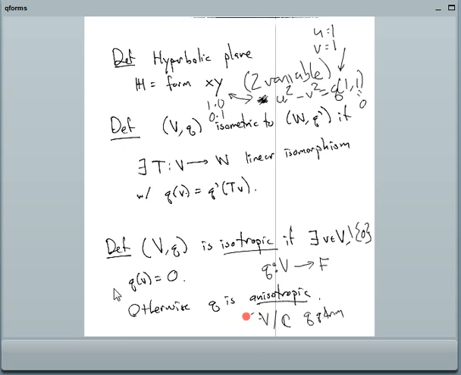If you identify this with C^n and define the standard dot product, you'll get a bilinear form which doesn't have any kernel, so to speak. The right term, I guess, is that it doesn't have a radical. But being isotropic, you should think of as an arithmetic thing.